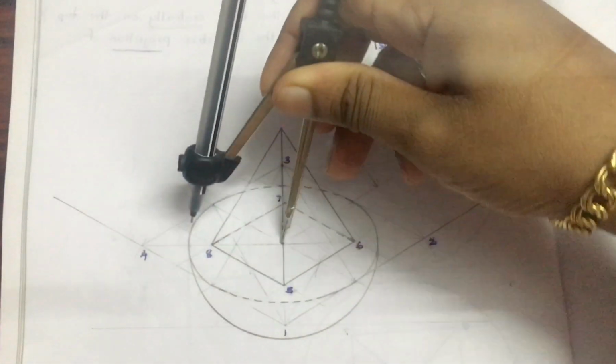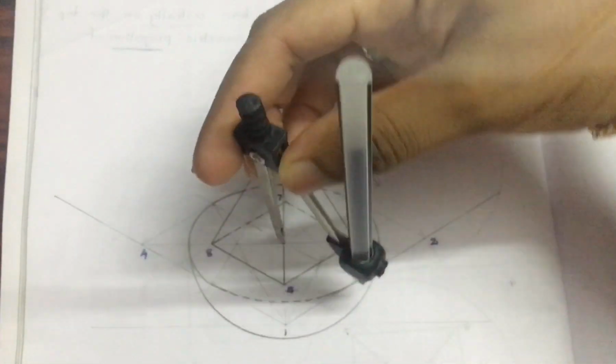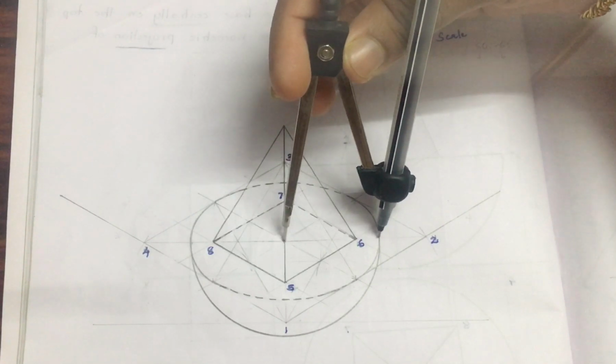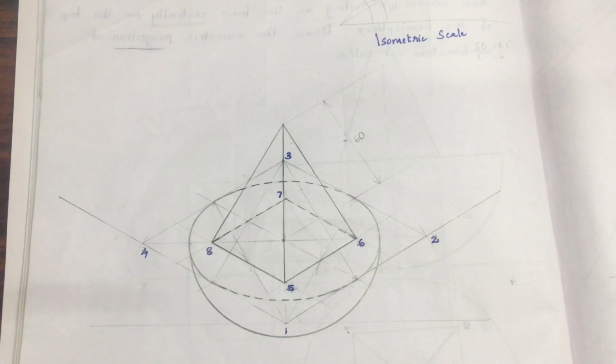With this center, you complete the semicircle till this point, starting from this point. With that, the isometric view of the hemisphere is complete.